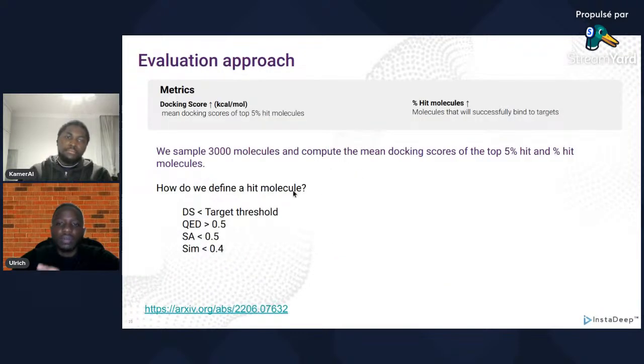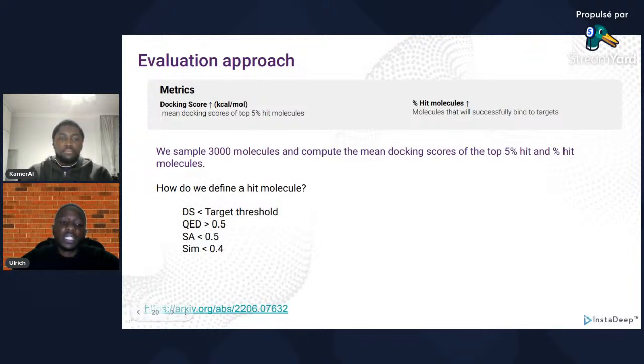Okay, now this is the final evaluation. As I said, we use the same approach as this paper. What they used was to sample 3,000 molecules from the model and compute the docking scores of the top 5% hit molecules. A hit molecule is one where every target has a docking score threshold.